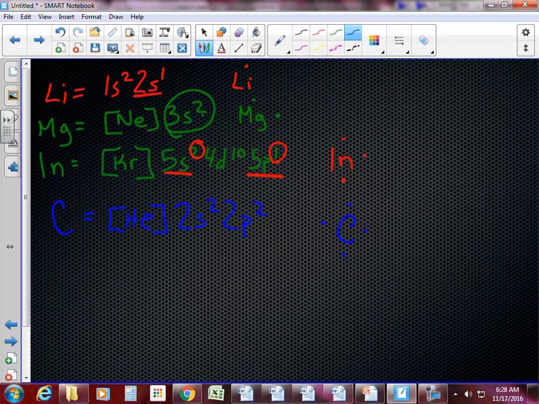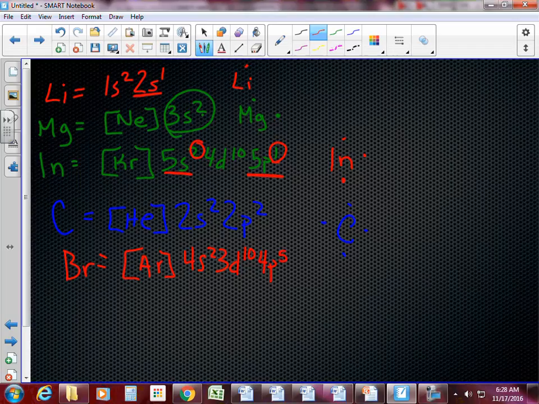If we were to skip all the way to group 7, so if we did bromine, its notation would be argon, and then 4s2, 3d10, 4p5.